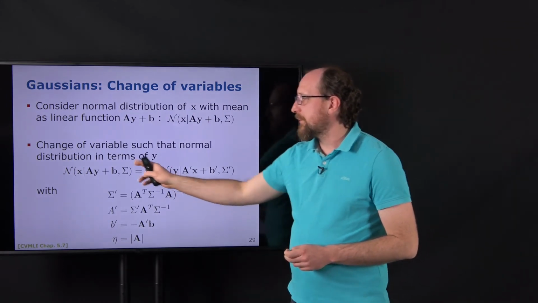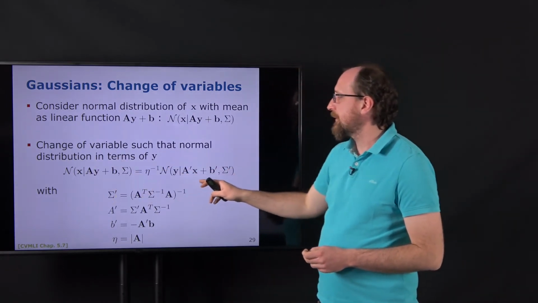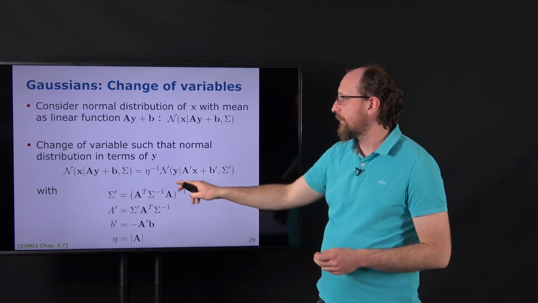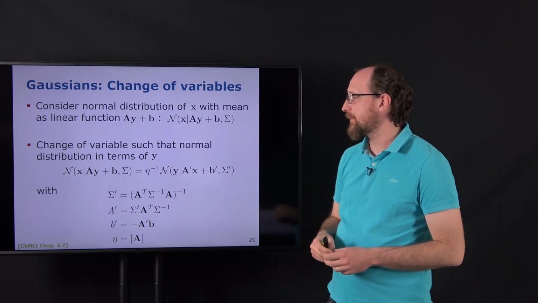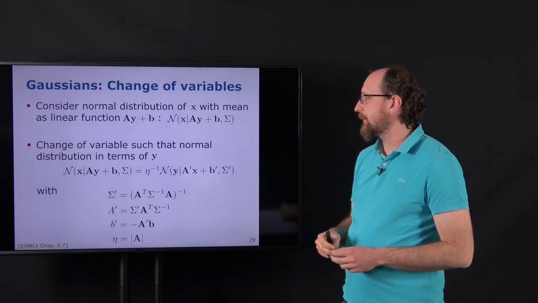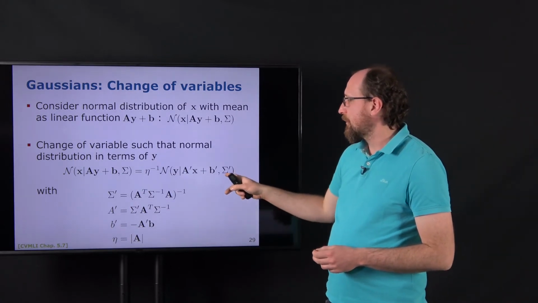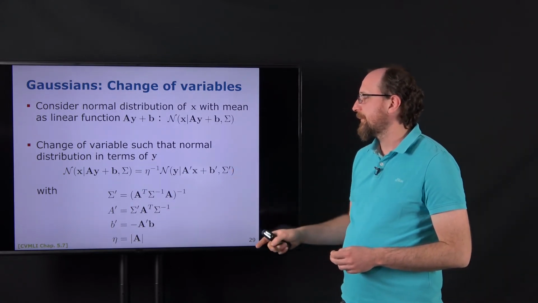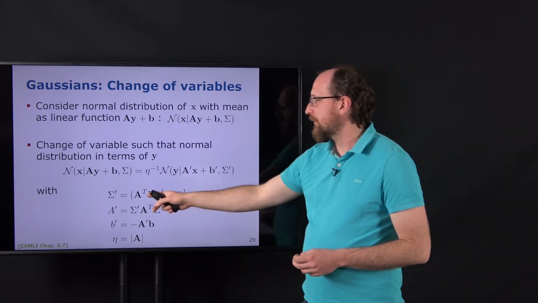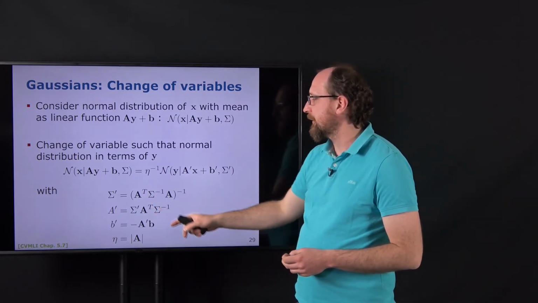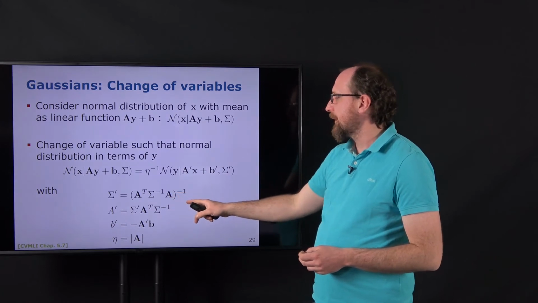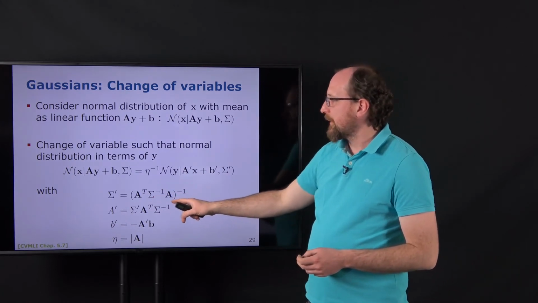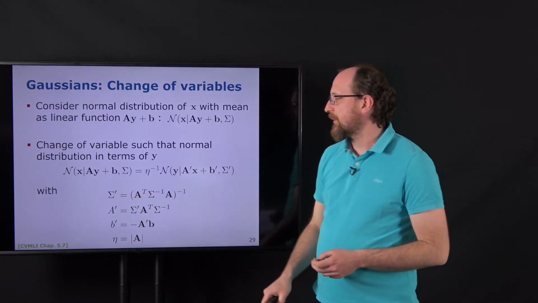So the normal distribution over x is then the normal distribution over y times some normalization constant. And the new covariance is the inverse of A transpose times sigma inverse times A. From this we get sigma prime.